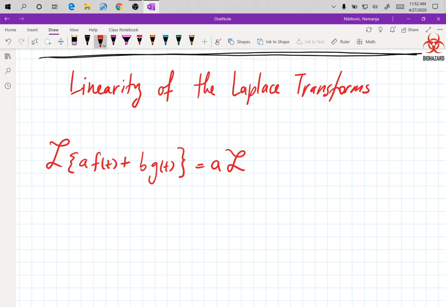So a Laplace of f of t plus b Laplace of g of t. This is equivalent to breaking two functions within an integral into two separate integrals, or doing two separate derivatives on functions that are added or subtracted. This obviously works on subtraction as well.